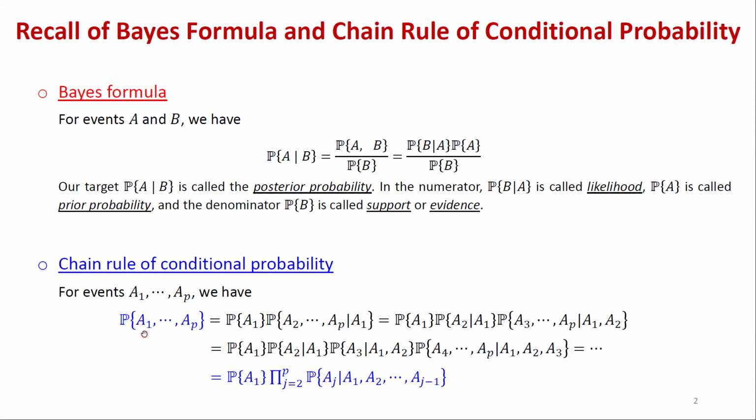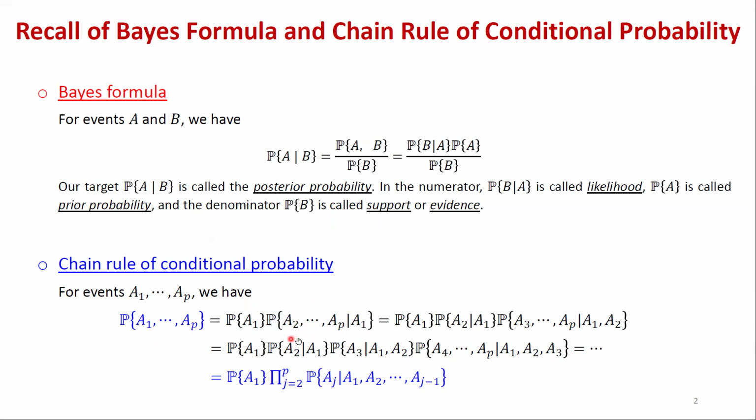Suppose we have P(A1, ..., AP). First of all, I can take the first one out and consider the rest: P(A1) times P(A2, A3, ..., AP given A1).